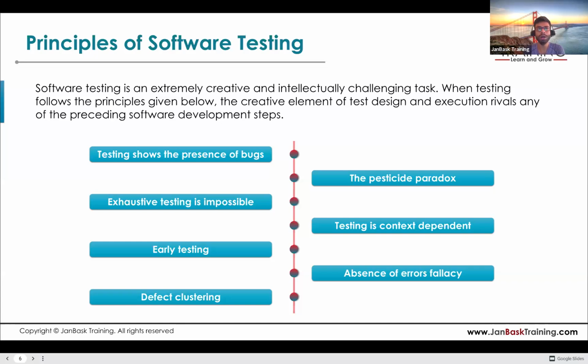If our application has 100 modules, and among those, 20 modules are very complicated, then 80% of the complication of the overall product is present in that 20% of modules, right? So we need to focus more on the testing of those 20 modules. This is called the Pareto principle.